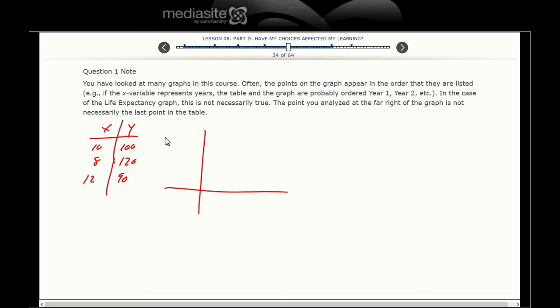So here was your first data point, here's your second, here was your third. It's not 1, 2, 3. It's how the pairing works.